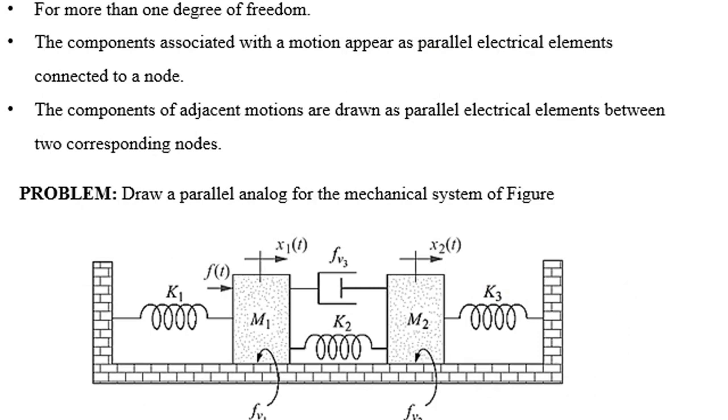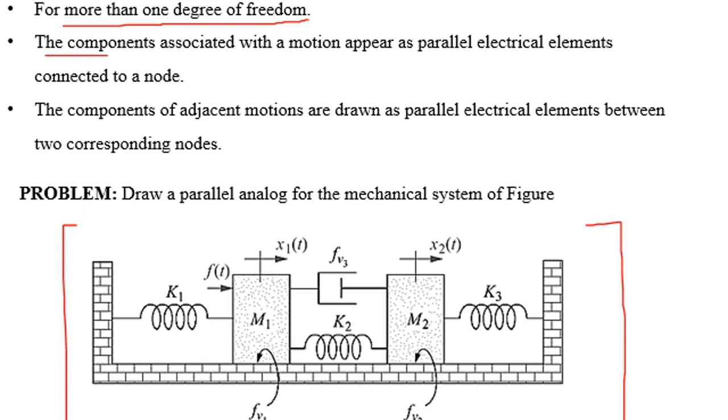Dear students, now we will study how to make a parallel analog electrical network for a system from another discipline which is defined by more than one equation, or having a degree of freedom greater than 1. We will study this from the example of the translational mechanical system given in the figure.